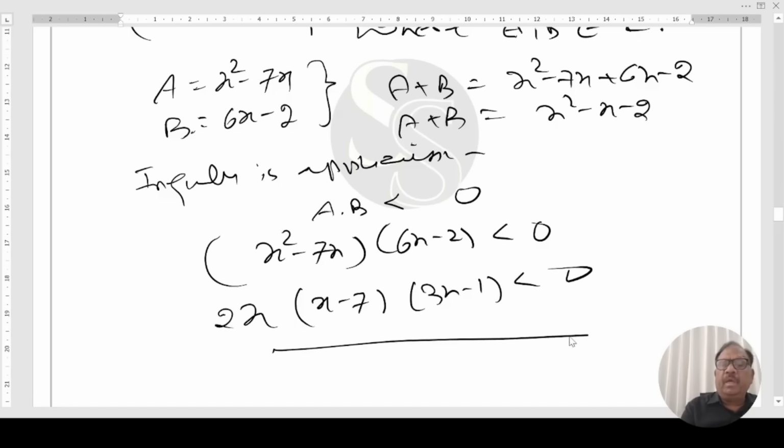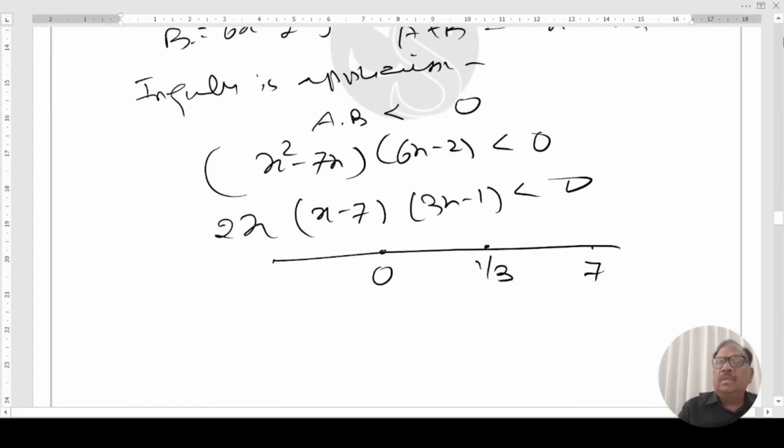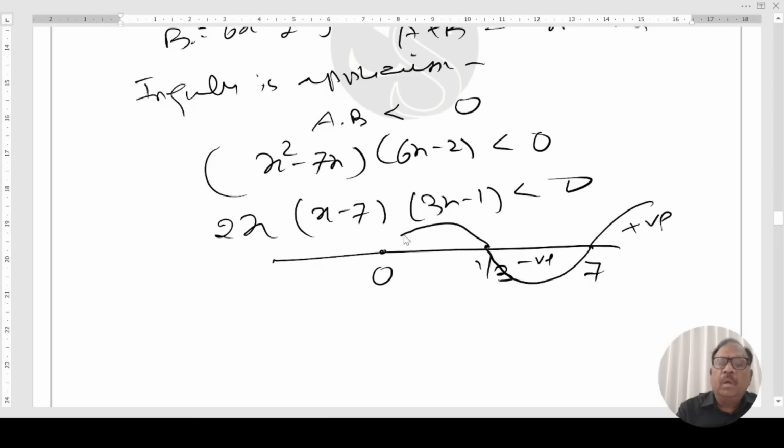So the points are x equal to 0, 1 by 3 and 7. Put a value beyond 7, this will be positive. Alternating signs: positive, negative, positive, negative.